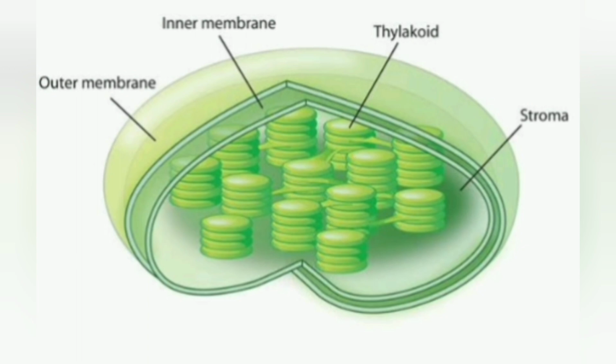They absorb sunlight and transfer it to chlorophyll A. The structure of the chloroplast is very important because we can explain the process of photosynthesis on its basis. I think now you have a clear idea about the structure of the chloroplast and the main pigments present in it.